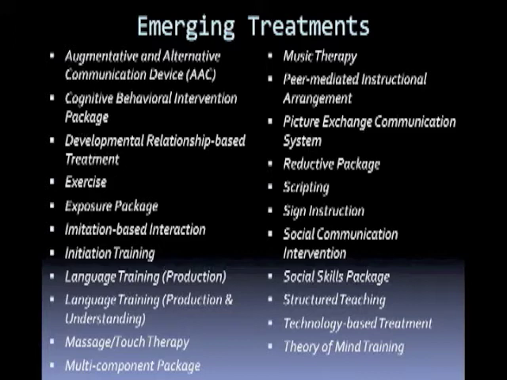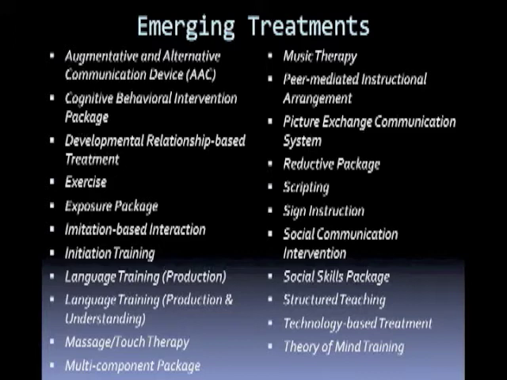And so you can see the augmentative and alternative communication, cognitive behavioral intervention packages, exercise, imitation-based instruction, initiation training, language training, music therapy is on there, picture exchange communication, scripting, social skills packages, structured teaching. All of these things are on the emerging treatments.